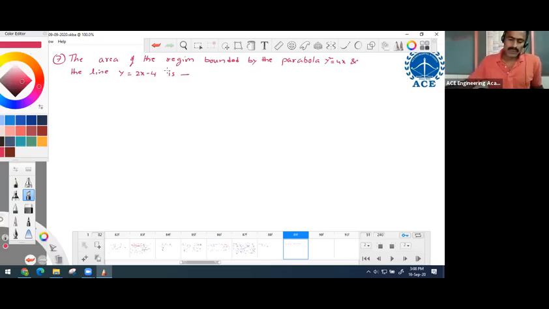It is similar to the previous problem, but here it is area, and the previous one is volume. That is the only difference.